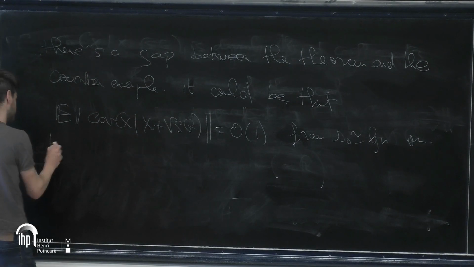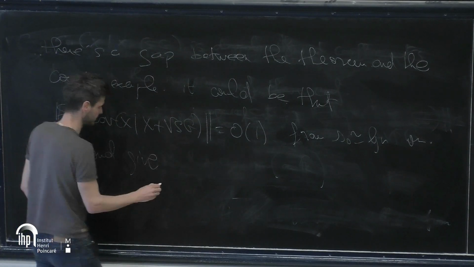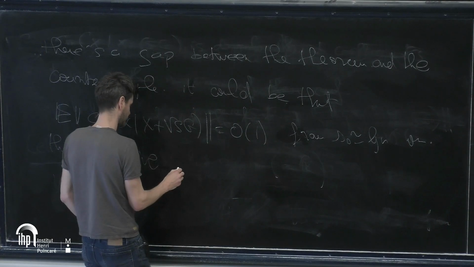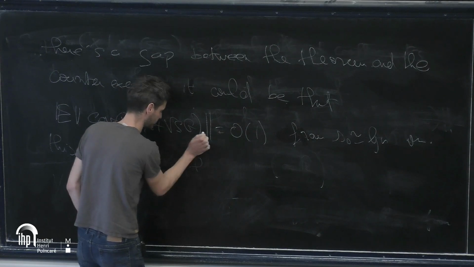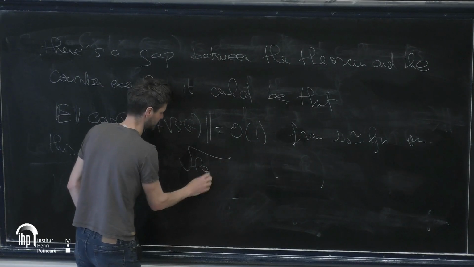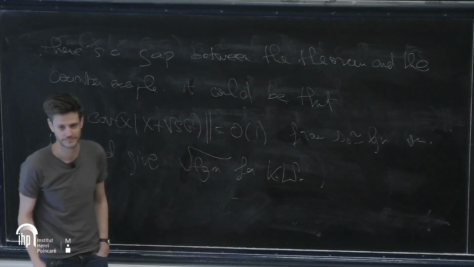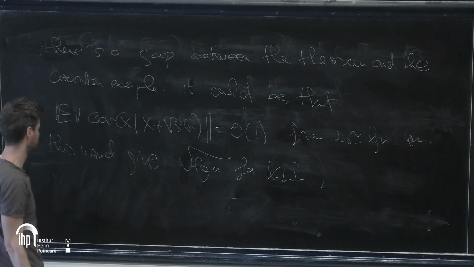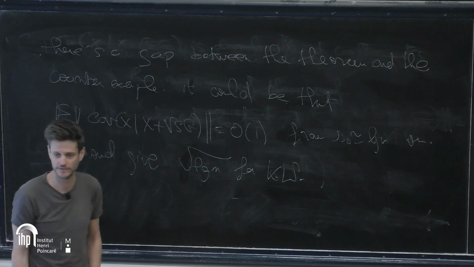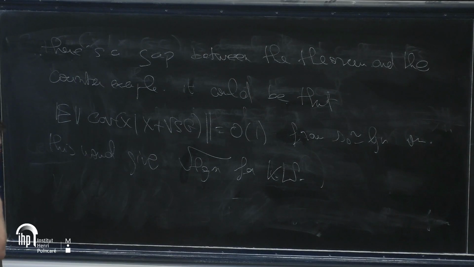And this would give square root log n for KLS. Okay. But somehow this seems to be like the limits you could reach with this method. Like if you want to go below square root log n, probably you need to do something else. Okay.